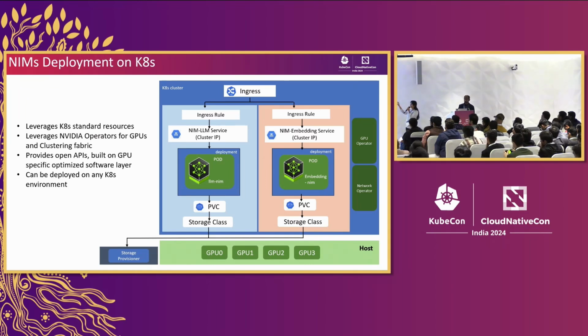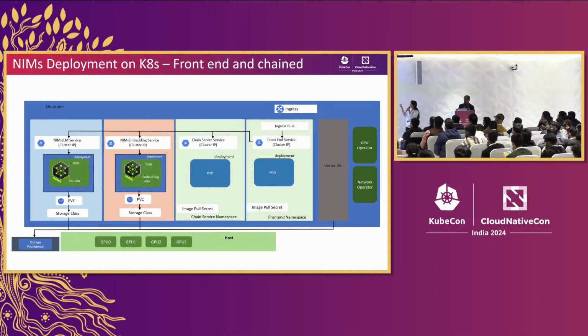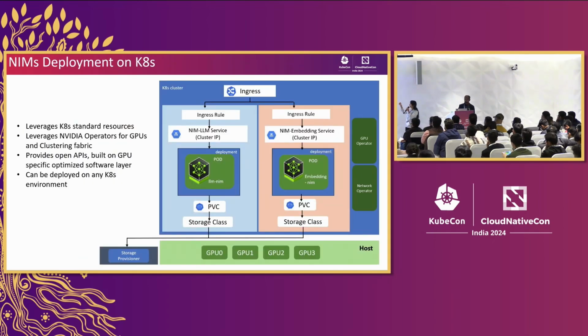The NIM itself is packaged in a very neat way, and it's just pull and deploy. Then the NIM exposes itself through a service called the LLM service, and of course you can use an ingress or not, depending. So this is a very simplistic picture of how a single inferencing engine can be deployed.